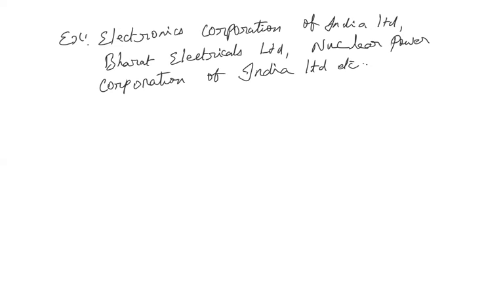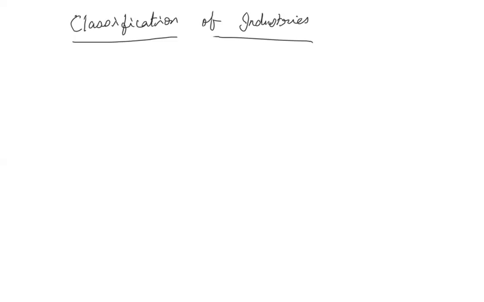Okay. The next part is the classification of industries, meaning, what is the nature of that particular industry? So the first one, primary industry.